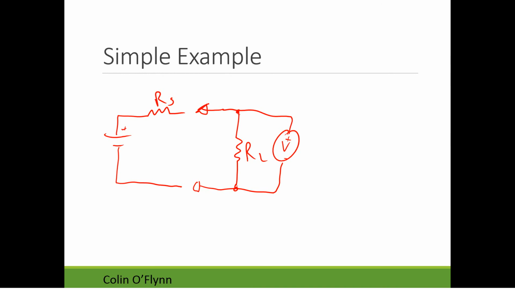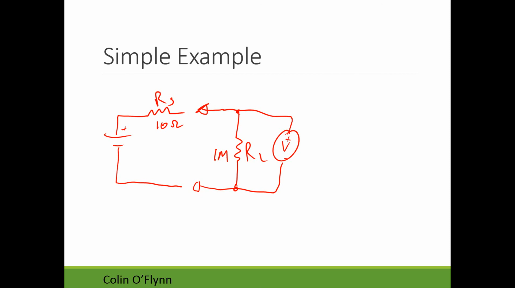Now, if you were just measuring a battery, the values are so large for the load resistance and so small for the series resistance, it wouldn't matter. This is typically like 10 ohms, let's say, and depending on your meter, the load might be as low as a megaohm.